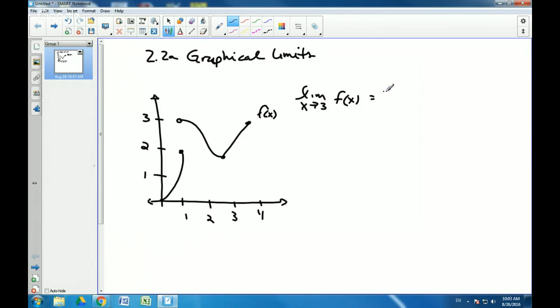Okay. Because, and again, calculus is kind of dynamic, it's motion based. So you're approaching that from both directions, from the side. The question is, how high do you end up? Okay. In this case, we're going down.